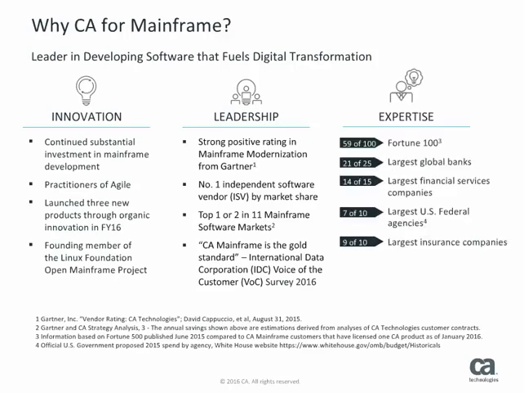With regards to expertise, CA Technologies is the vendor in many of the Fortune 100 companies and most of the largest banks, financial services companies, U.S. federal agencies, and insurance companies.